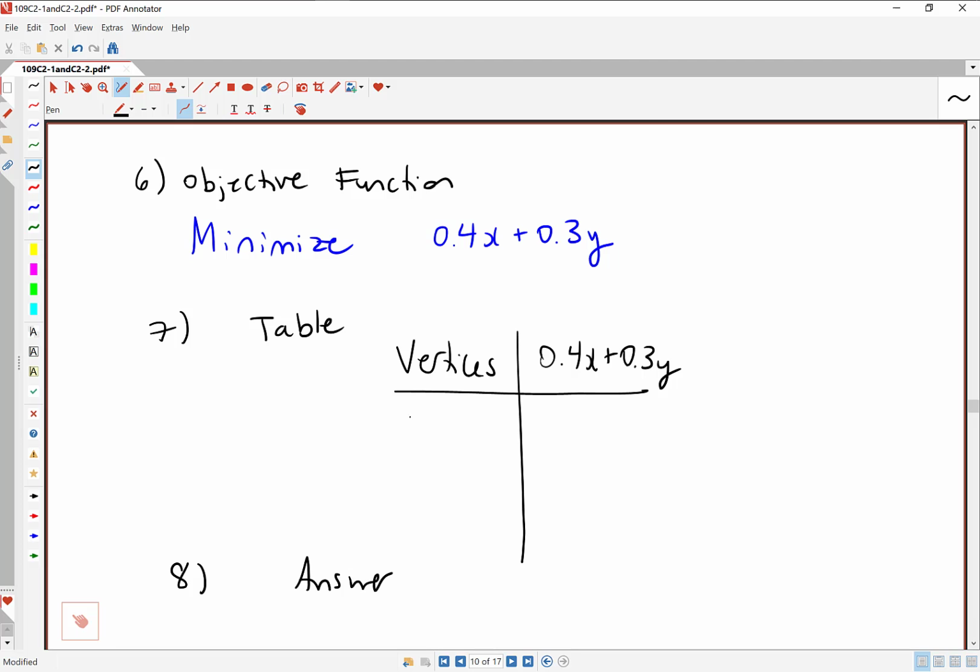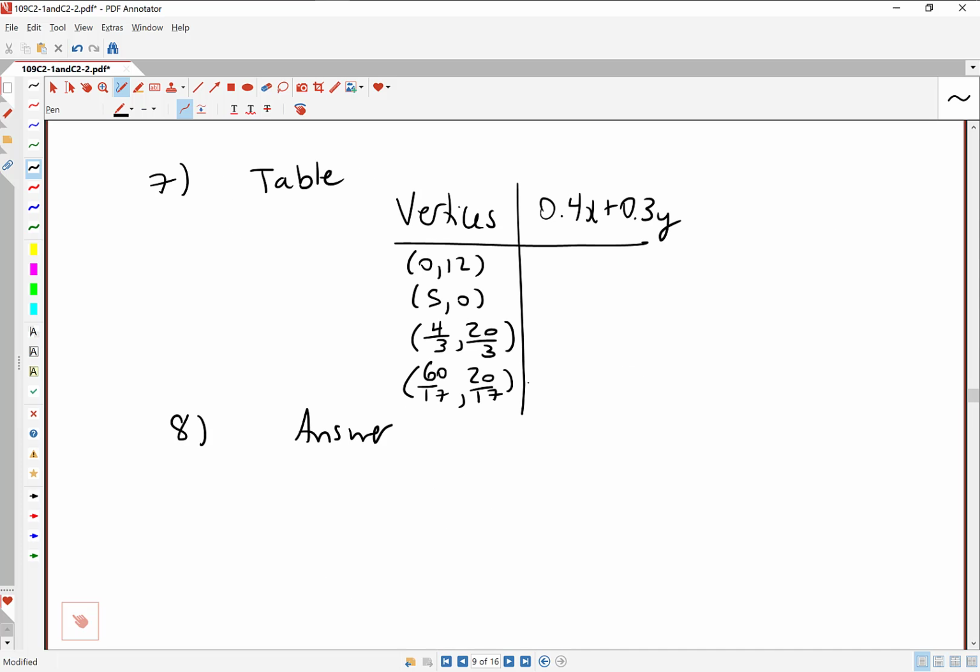So let's summarize our vertices. We had (0, 12) and (5, 0) as the first two that we could find sort of automatically. For vertex A, we found (4/3, 20/3). The last vertex, which was quite a bit of work, was (60/17, 20/17). Okay, so let's try plugging in. I'll just show you maybe one example here of how we plug in. Let's look at this row here.